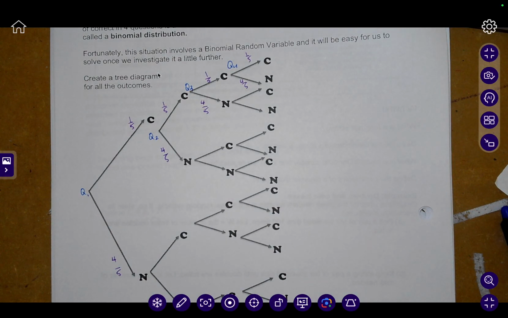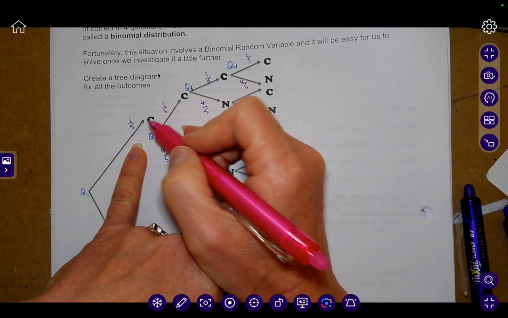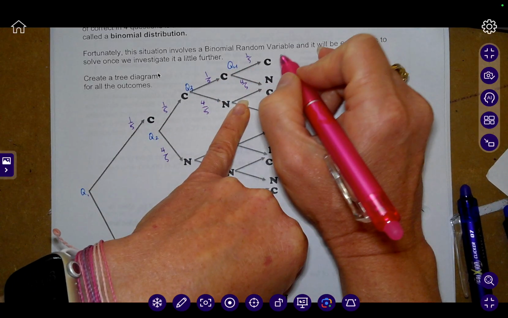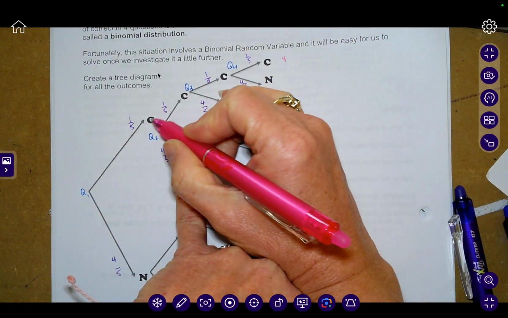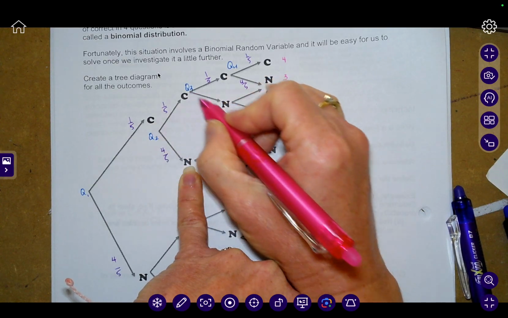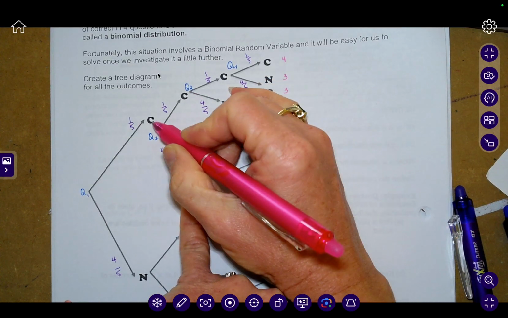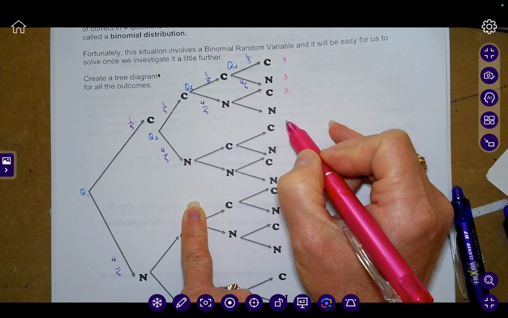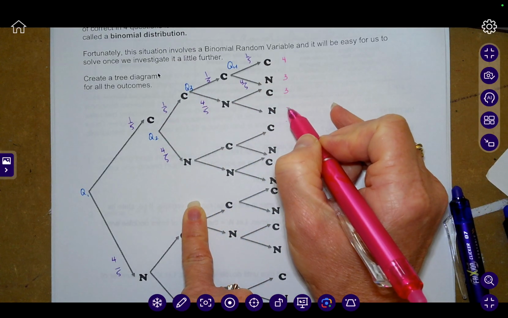So if you notice here, there's a couple different things that we want to address. First of all, depending on the path that you're looking at, this path right here, there are 4 correct questions. This path right here, there are 3 correct questions. This path, 3 correct. This path, 2 correct.